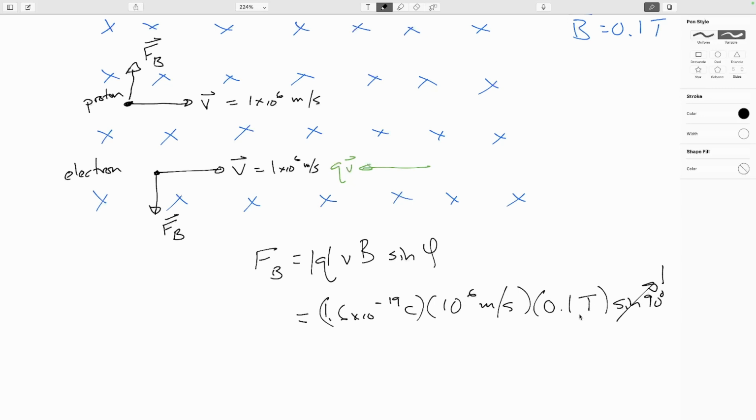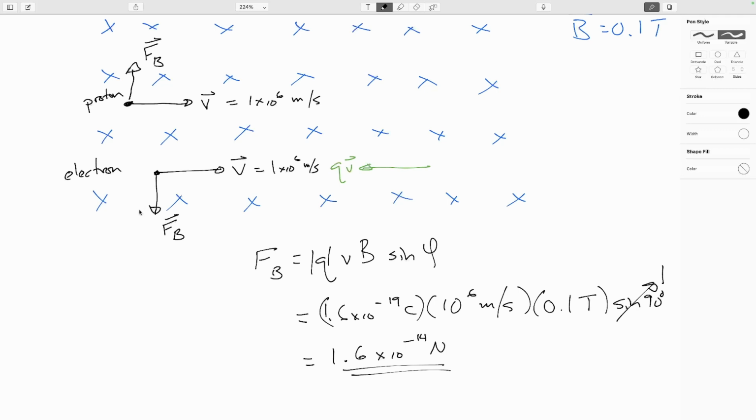So 10 to the 6 times 0.1 is 10 to the 5. 10 to the negative 19 times 10 to the 5 is 10 to the negative 14. So in both cases, the particles are feeling a force of 1.6 times 10 to the negative 14 newtons. In the case of the proton, up. In the case of the electron, down.